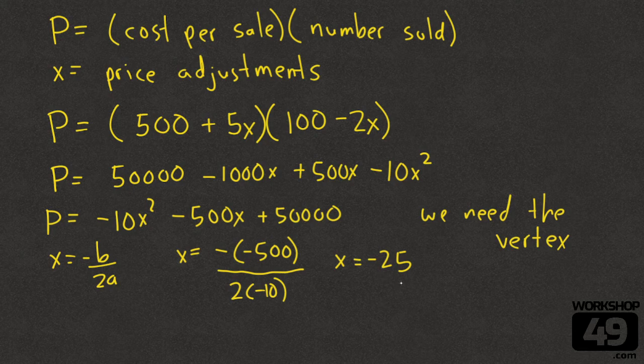Negative 25. But remember, that x value is not the price that we should be selling at. That's the number of price adjustments. So we can fill this back into our cost per sale. 500 plus 5 times negative 25.